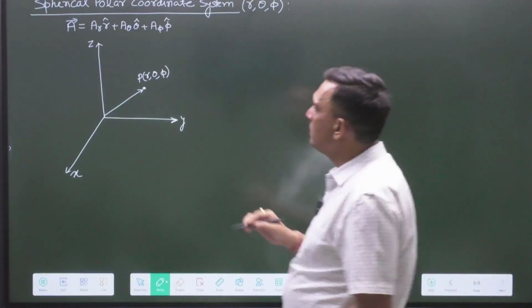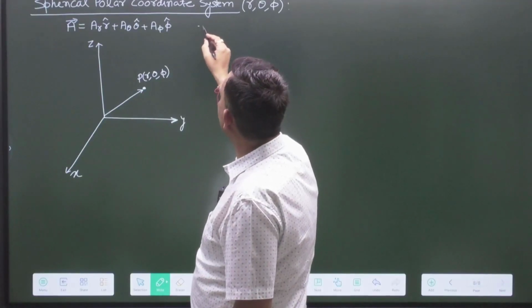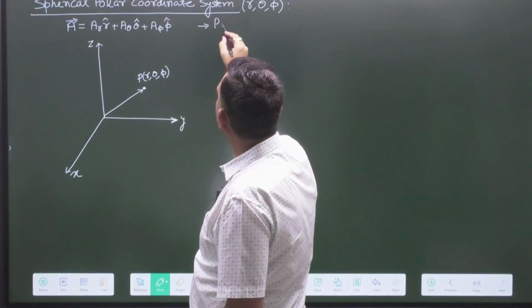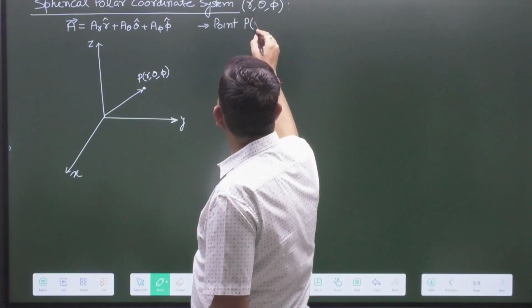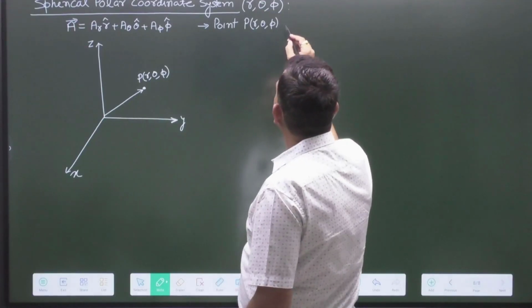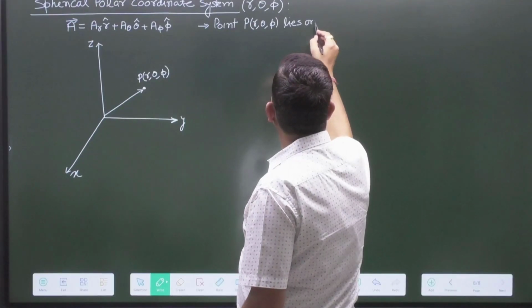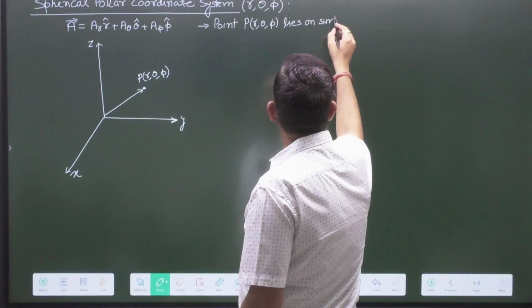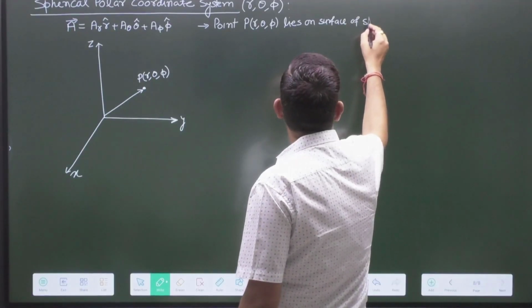In spherical symmetry, point P lies on the surface of a sphere.